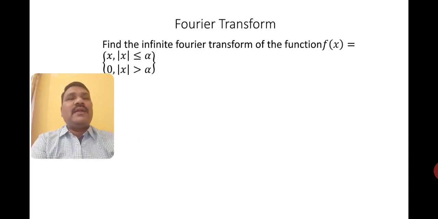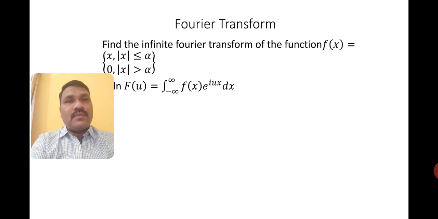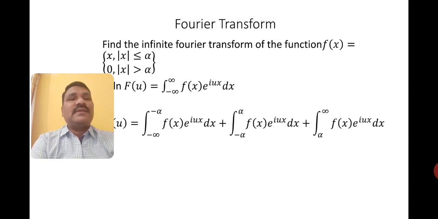Next problem: find the infinite Fourier transform of the function f of x is equal to x. Okay, so let me try to do it. F of u is equal to, this is a known formula, the integral from minus infinity to plus infinity of f of x e to the power iux dx. Once again I have applied the same strategy.